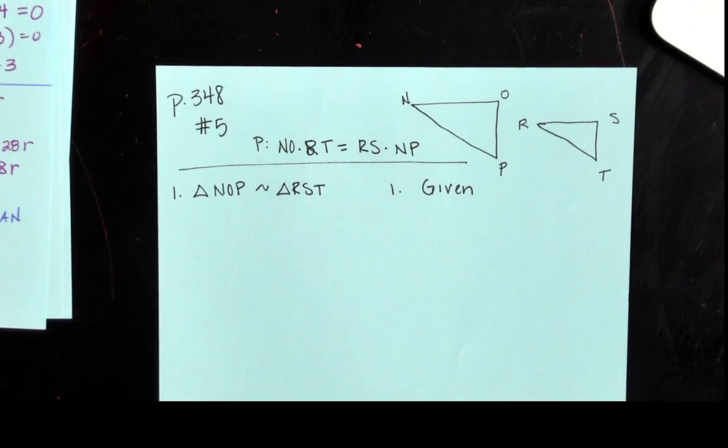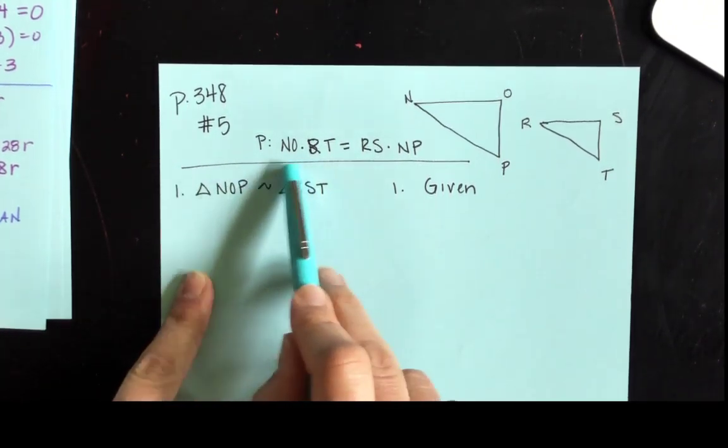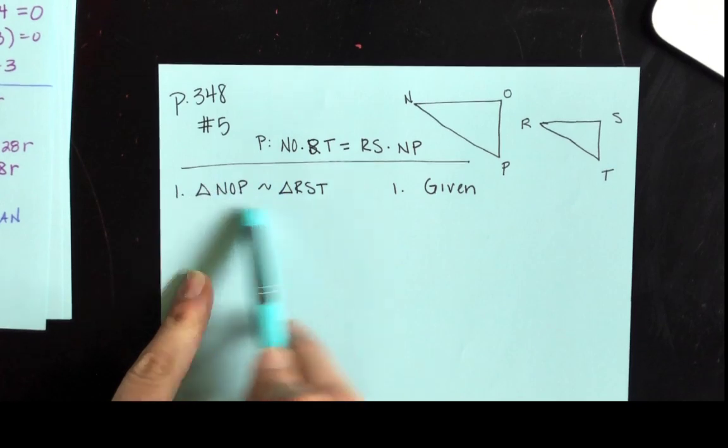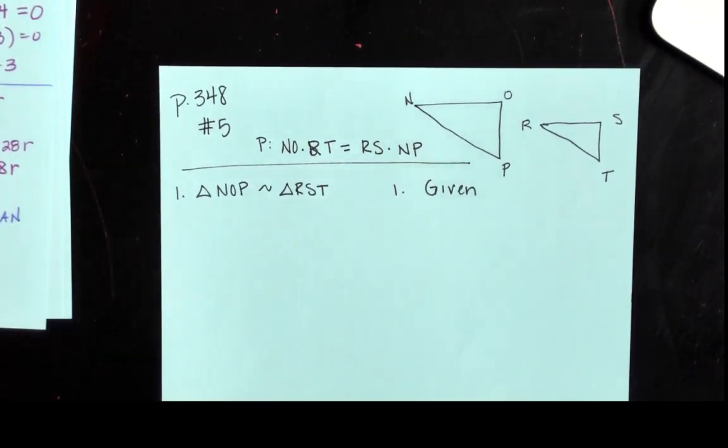All corresponding angles are congruent, and all corresponding sides are in proportion. So if figures are truly similar, those 2 requirements happen all the time. So right now, they've done the hard part for us. They went through all the steps to get us to triangles are similar. Doesn't matter at this point whether it was side, side, side, angle, angle, or side, angle, side. They are telling us they already know they're similar.